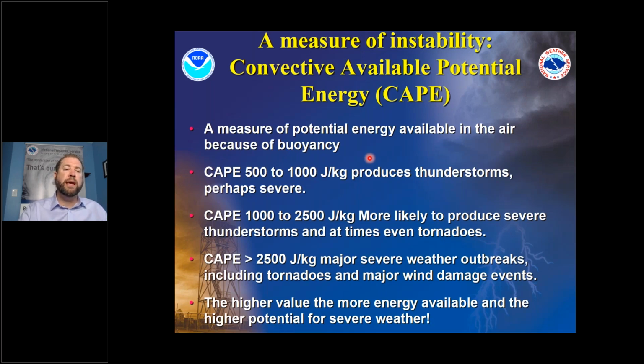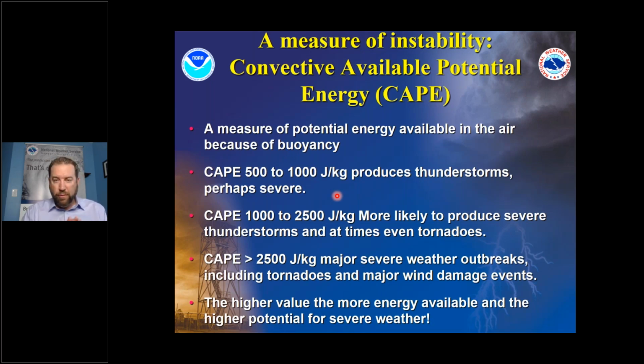But generally speaking, if we get a couple hundred, and this is J over kg, joules per kilogram, if we get a couple hundred joules per kilogram up to 1,000, we're probably going to get some thunderstorms, maybe severe. That was last night. Enough energy to get the storms, not quite enough to be widespread severe, luckily.